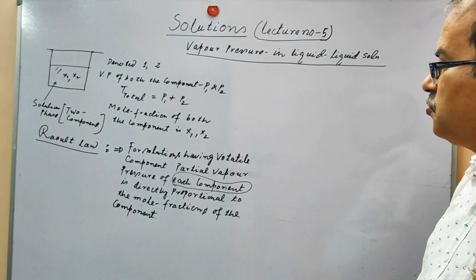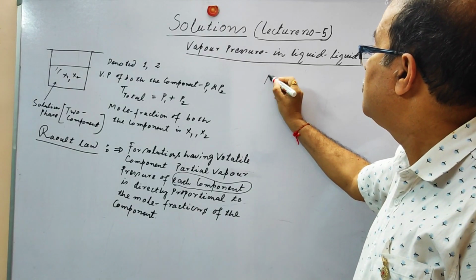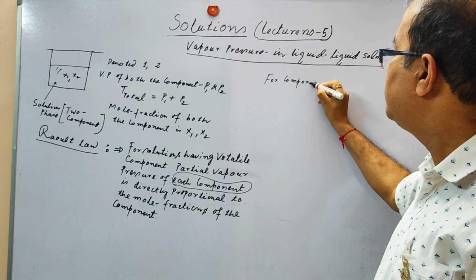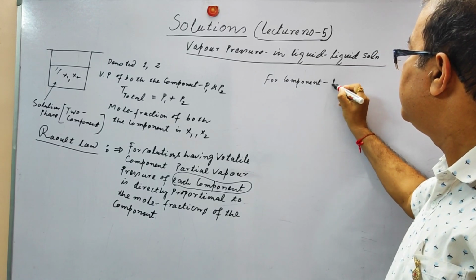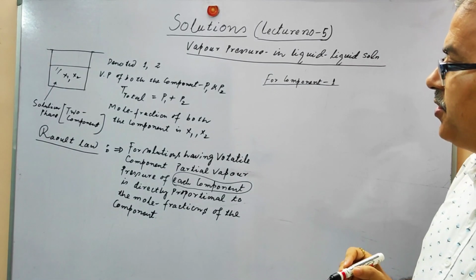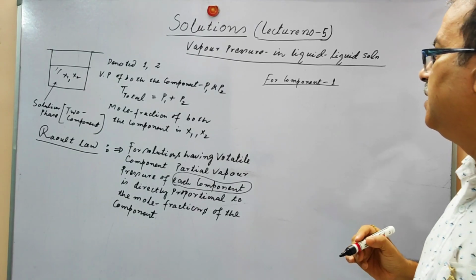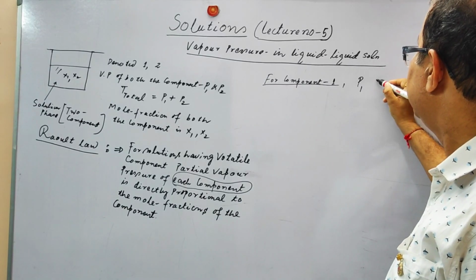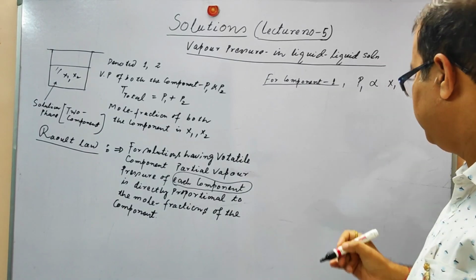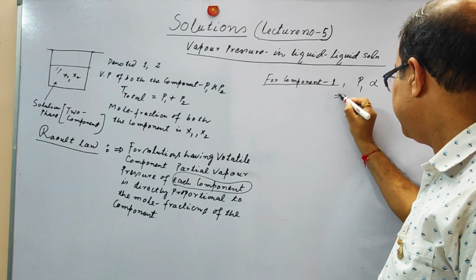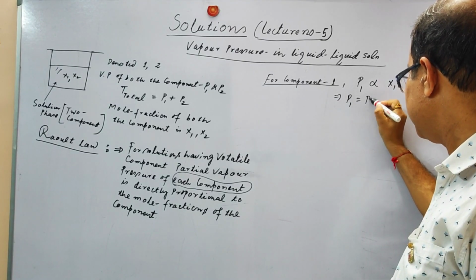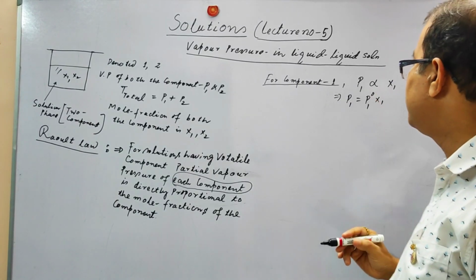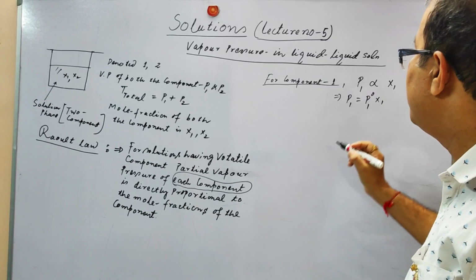So for component 1, the mole fraction is x1 and its partial pressure is P1. We can write P1 is directly proportional to x1, and P1 equals P1° into x1. Here one proportionality constant has been kept, that is P1°.